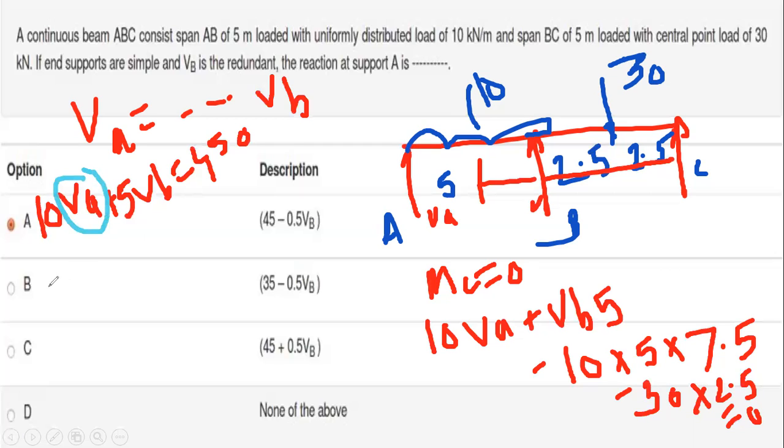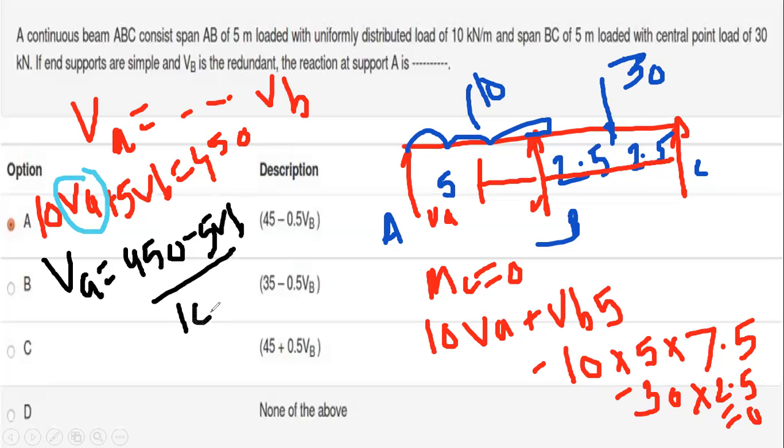So considering simplification, VA is equal to 450 minus 5 VB divided by 10. So VA will be 45 minus 0.5 VB.